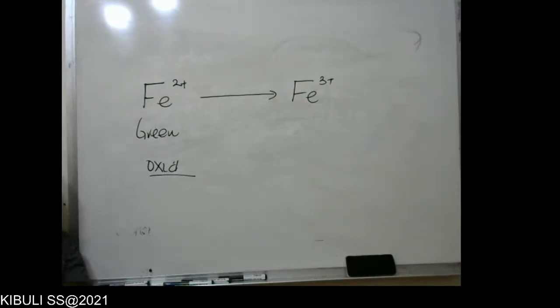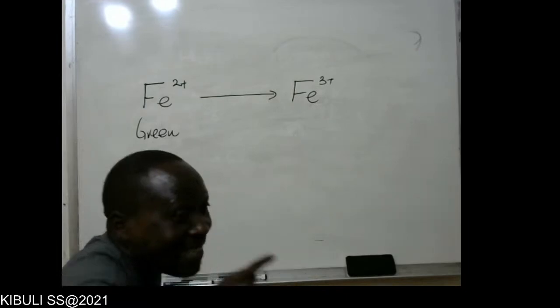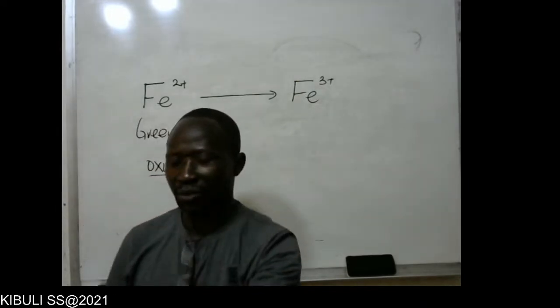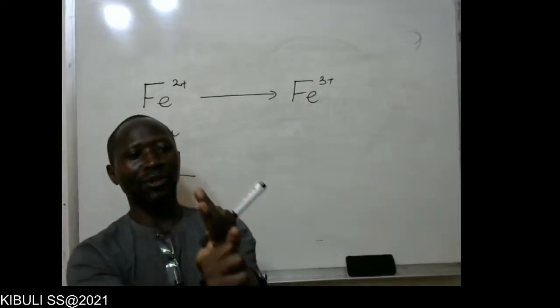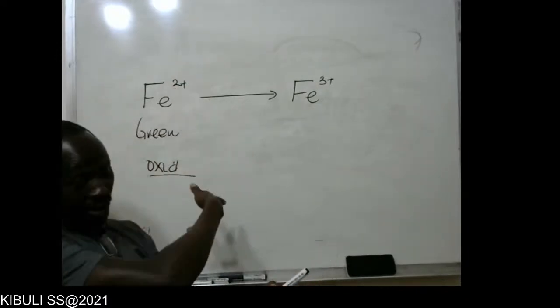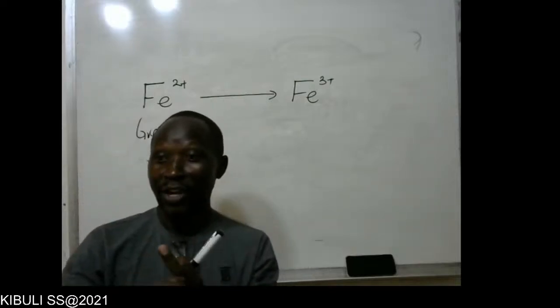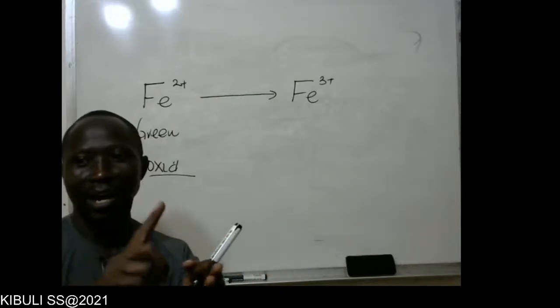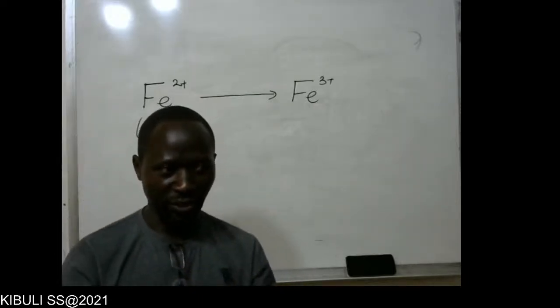No. But we have just seen an oxidation reaction with a hydrogen containing compound. Number 3, the definition of oxidation is removal of electrons. Electrons get lost. So 3 definitions of oxidation: addition of oxygen, and we don't see oxygen being added here; number 2, removal of hydrogen, and iron 2 doesn't have hydrogen; number 3, removal of electrons.